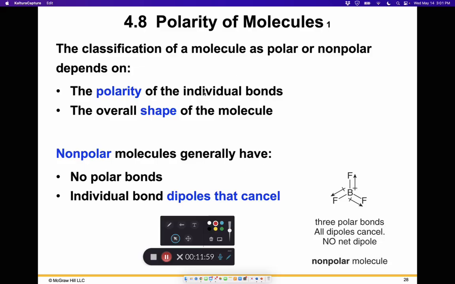After that, we have to look at the shape of the molecule, and combining all these answers, we come up with whether the molecule is polar or not. Whether a molecule is polar or not depends on the polarity of individual bonds, as well as on the overall shape of the molecule.